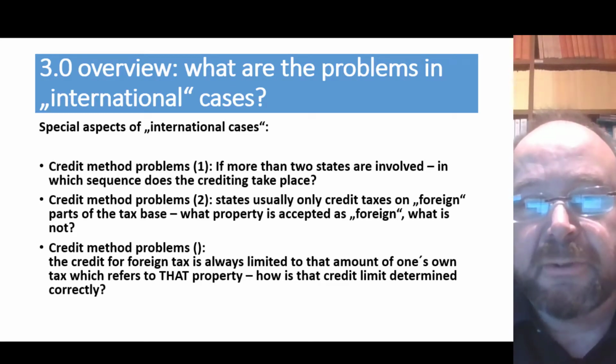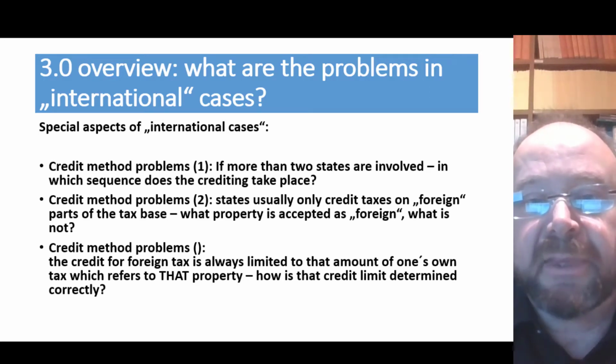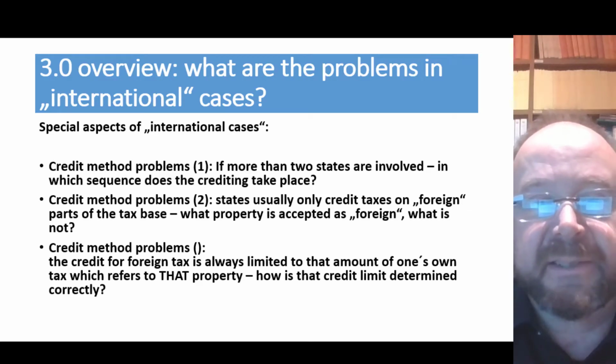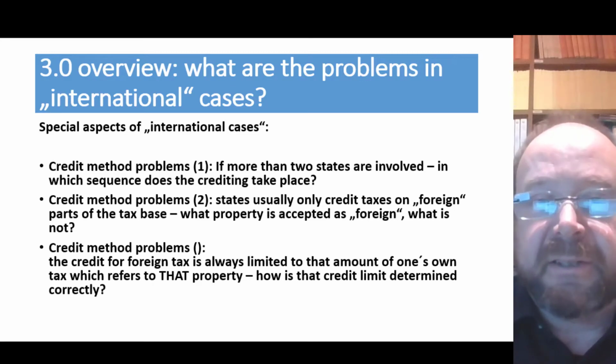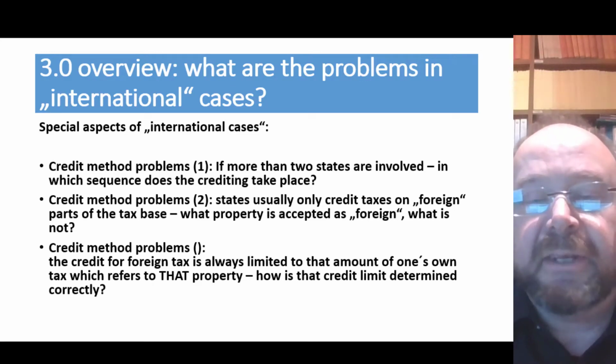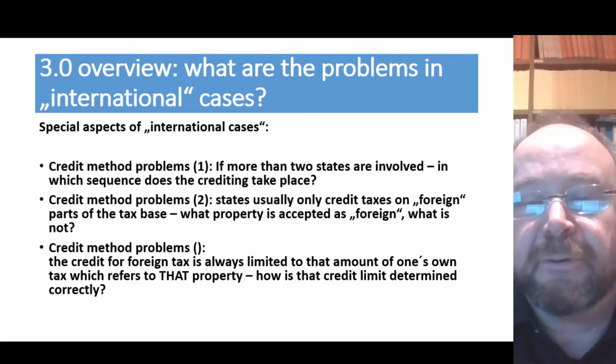We know that usually the source state gets the first, let's call it bite, the first right to tax, and the other state will credit. But if there are two other states, which of them takes prevalence? That's the question.